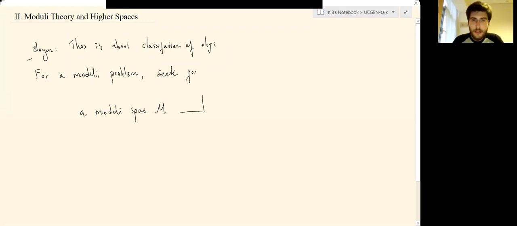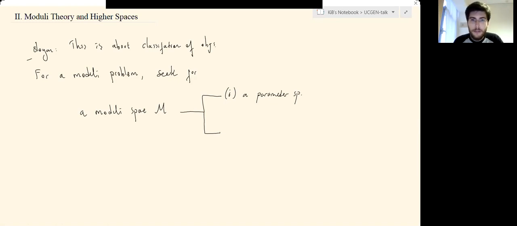In general, it has two important features. The first feature is that it should parameterize what you want to parameterize. So it is a parameter space, meaning that there must be a one-to-one correspondence between the points of M and the isomorphism classes of objects you wish to classify.